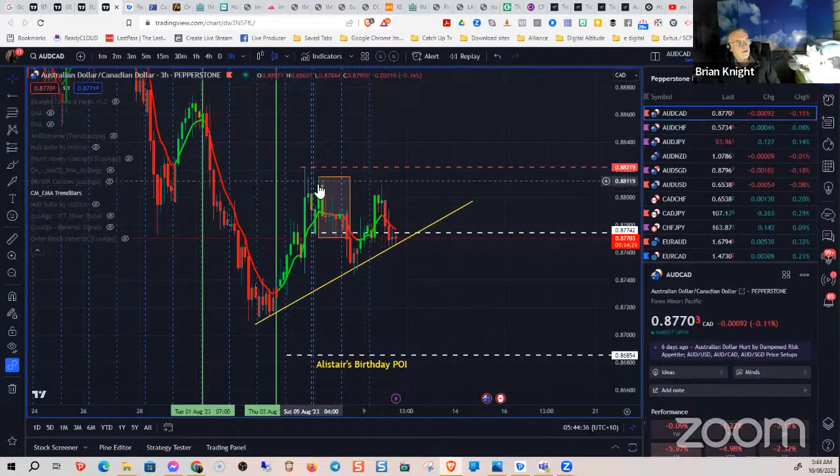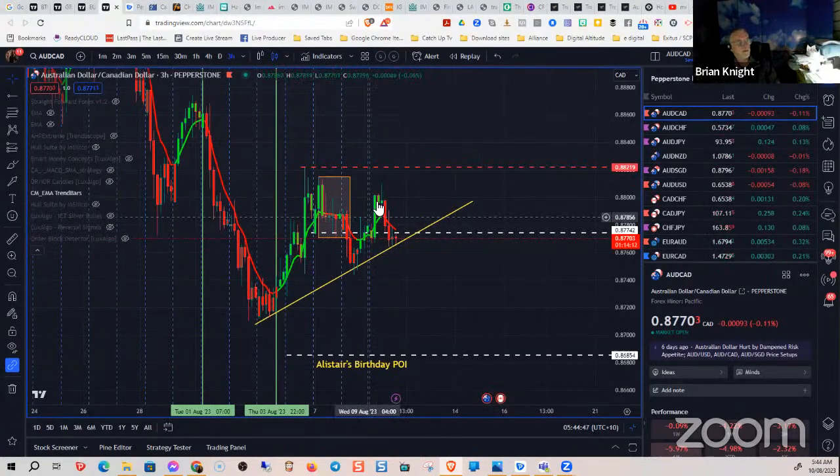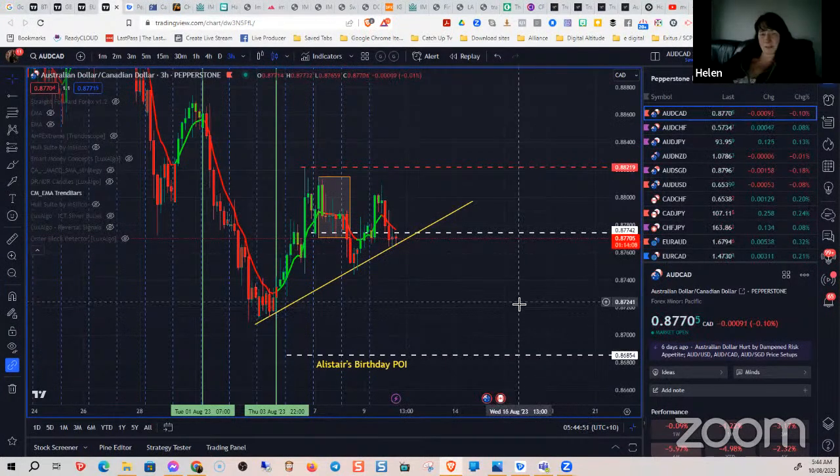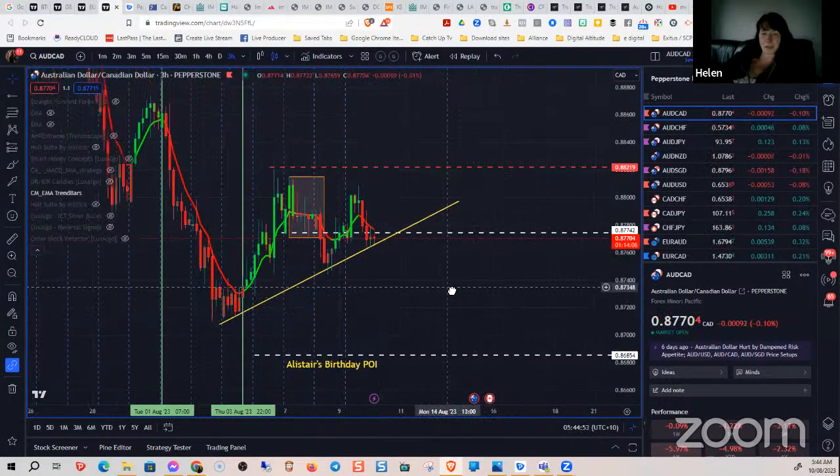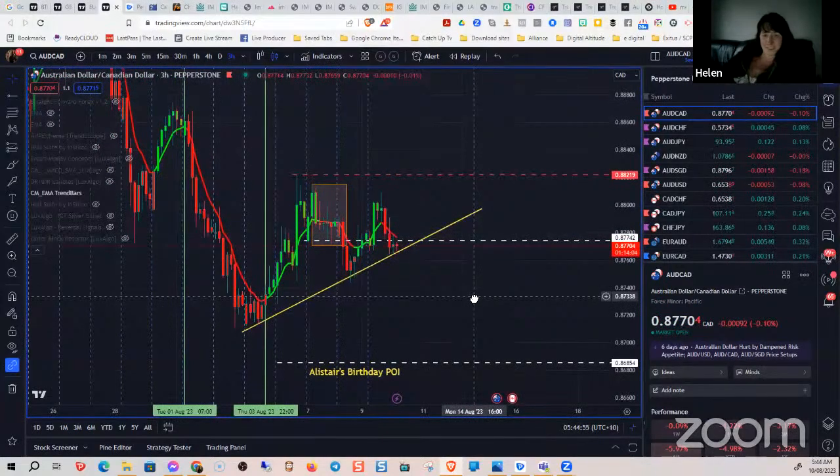Came back up quick there to the top, but it's now just below my entry. So as I said, what have I got? It's only 3 or 4 pips. It's like nothing. But that would have been in drawdown. Then it looks like it's creating higher lows as well. So it could do anything, couldn't it? Really? Correct.